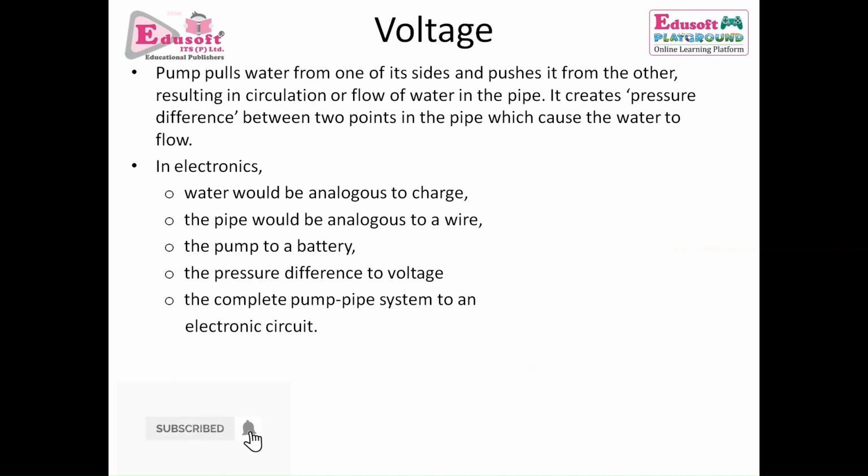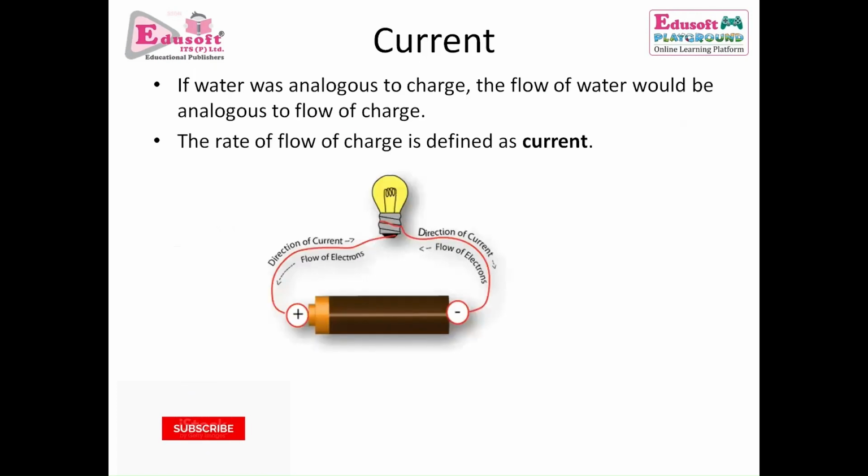The potential difference between 2 points, and by that potential difference, the flow of current happens. So we can imagine water as charge, pipe as a wire, pump as a battery, pressure difference as voltage, and the complete pump pipe system is an electronic system.